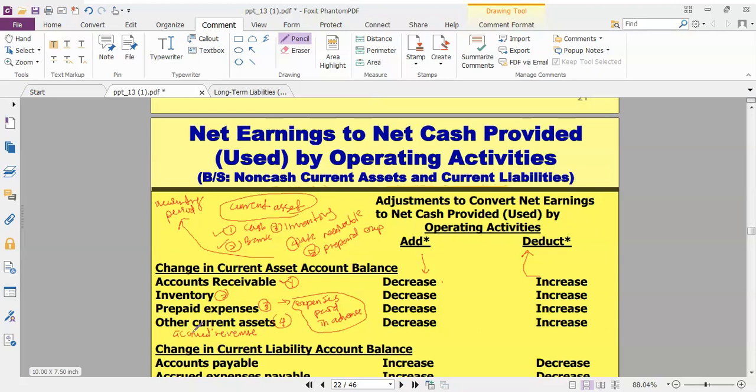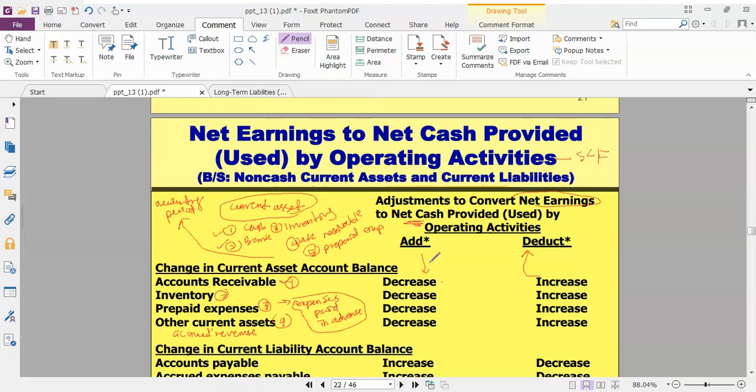So that revenue we consider under accrued revenue under current asset in the statement of financial position. But in operating activities for the statement of cash flow, this other current asset we also should adjust in order to get the net cash, not net earnings.